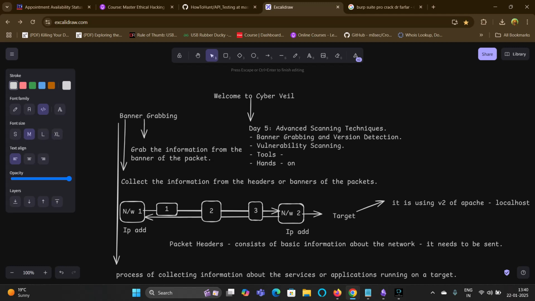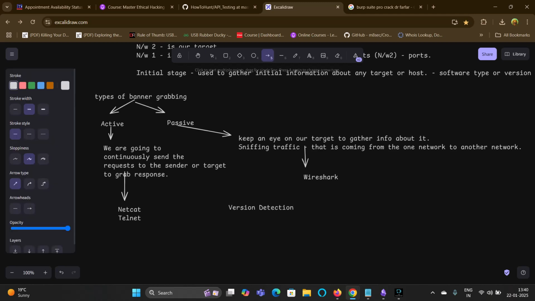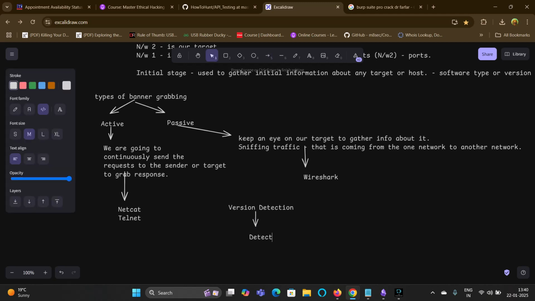Now we are going to discuss version detection. So let's start with version detection. What is version detection, guys? As its name states, it is to detect the version. That is what version scanning, or version detection, is.